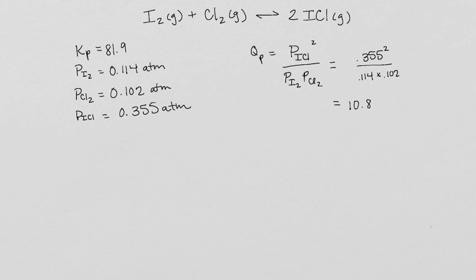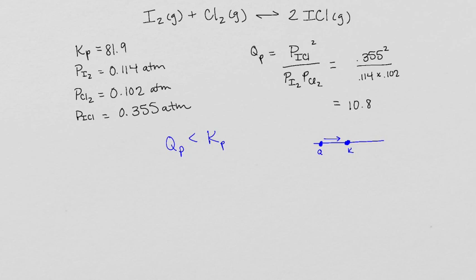So what do we see? We see that in this scenario, Q is less than Kp. If we think about our line, here's our K value, and here's our Q value. So we have to go in this direction.